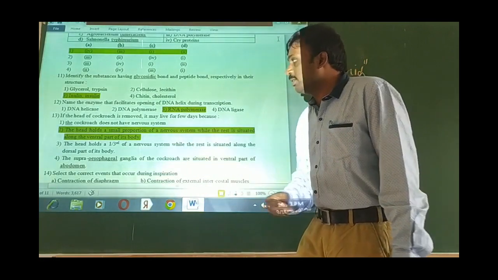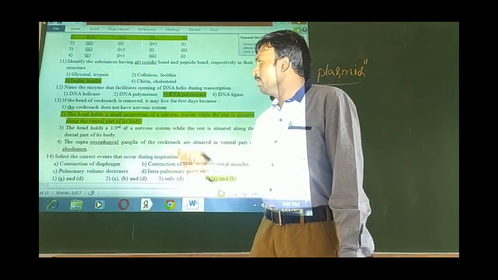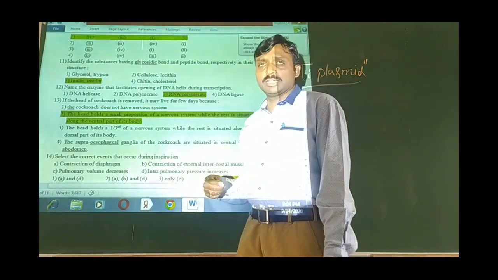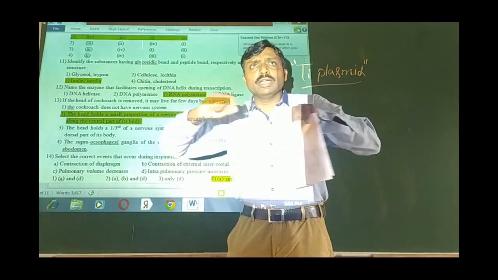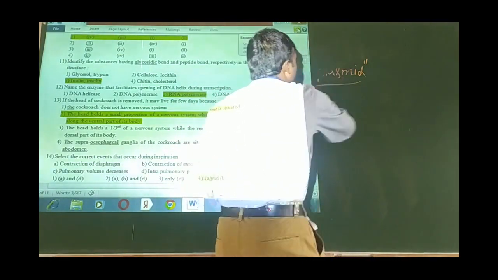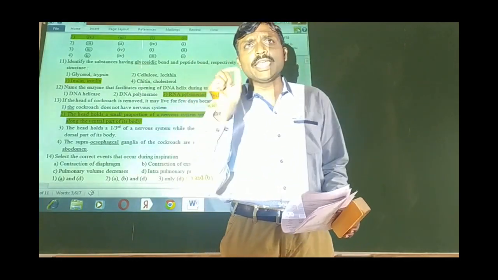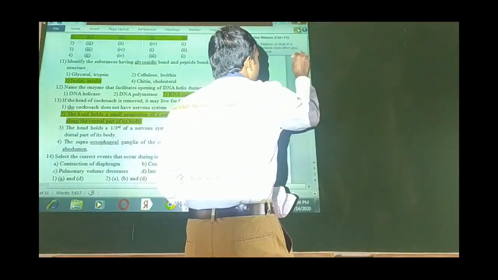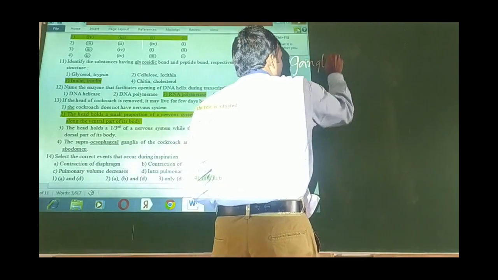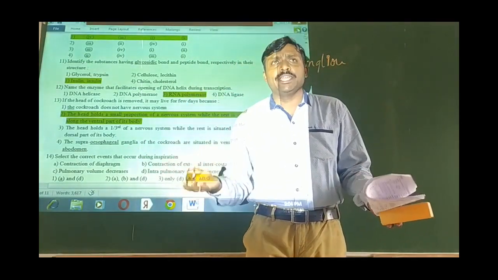Next, moving on to the next question. The head of a cockroach is removed. It may live for a few days because... So even after removing the head, how can a cockroach live for a few more days? The key term you need to remember here is ganglion, which we can simply understand as a brain.